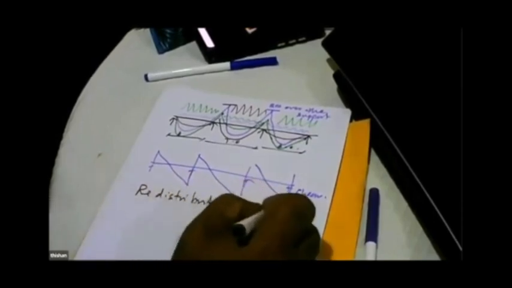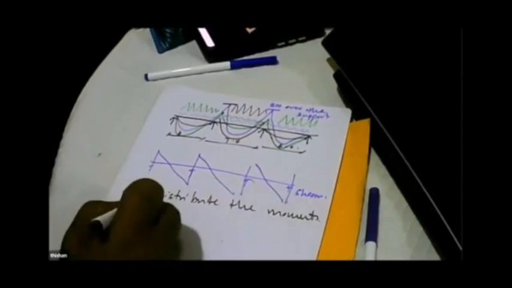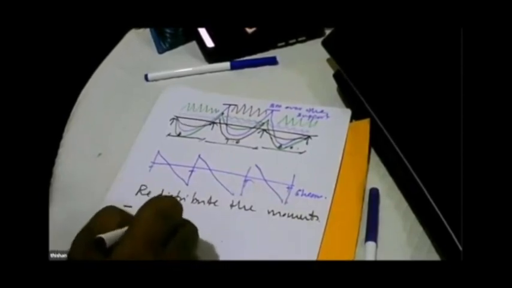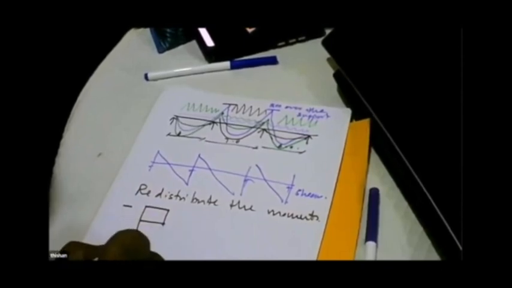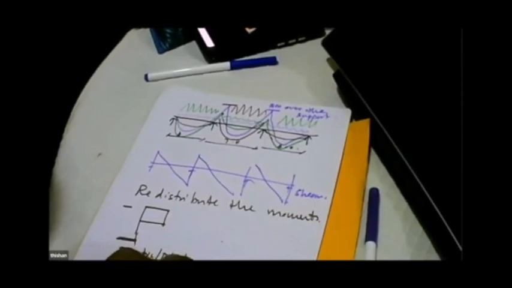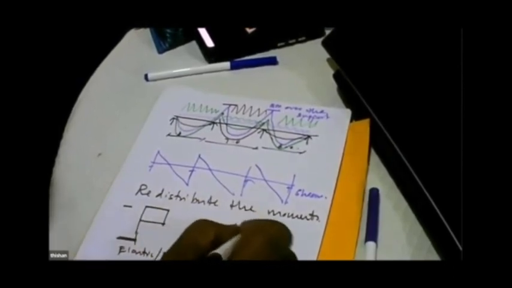And what we should do is we must redistribute the moments. Why? Because concrete behaves as a plastic material. Steel behaves as an elastic material.